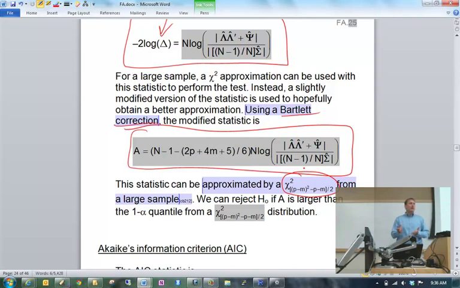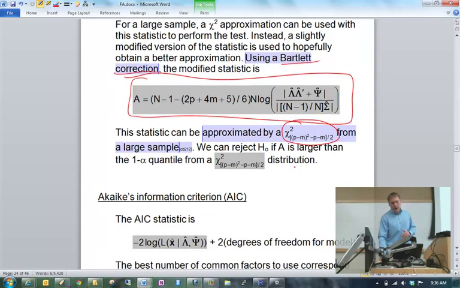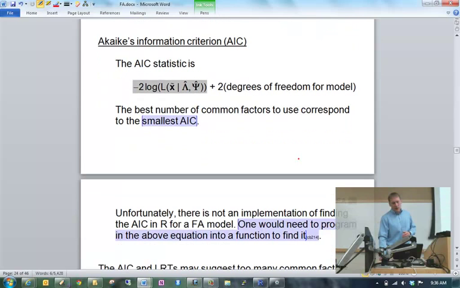So again, if we reject, that says you need more common factors. Your model is not sufficient as you have specified. Now, another way to help you choose the number of common factors is to use what's called the Akaike information criterion, or AIC.